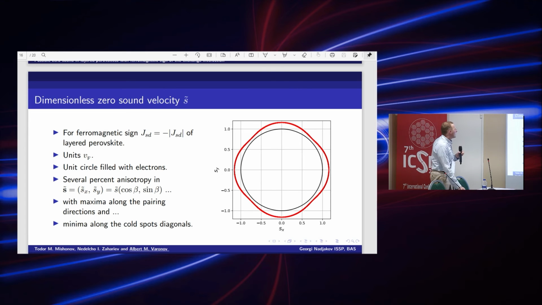We know that the cuprate CuO2 is antiferromagnetic, but if there's a perovskite with ferromagnetic sign, we'll have this kind of anisotropy of the zero sound, with maxima along the axes directions and minima along the diagonals.